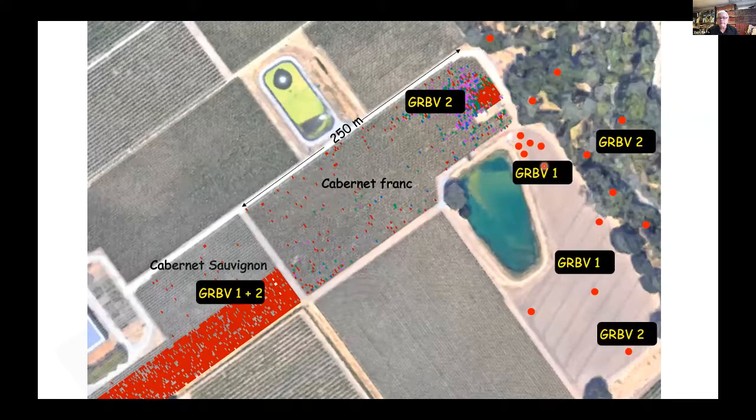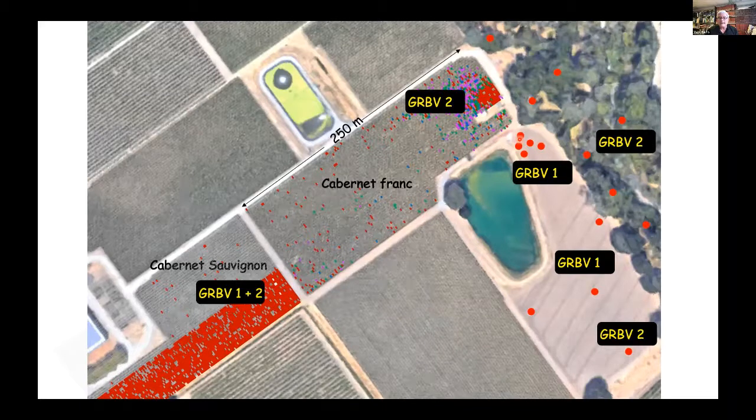And yes, we were right, but sort of right and sort of wrong as well, because the only vine that is infected with strain 2 of red blotch is the lonely vine here that very likely got infected after a vector visited it. All the other ones, and particularly here, in that aggregated area, are all infected with strain 1 of red blotch virus.